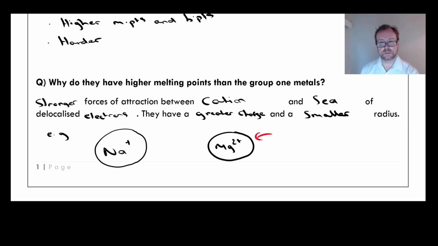So the group 2 metals have a greater charge, 2+ compared to 1+, plus a smaller radius. So there's a stronger force of attraction between the sea of delocalized electrons and our positive metal cation. If you'd like to know a bit more about this, I suggest you watch the video on structure and bonding.